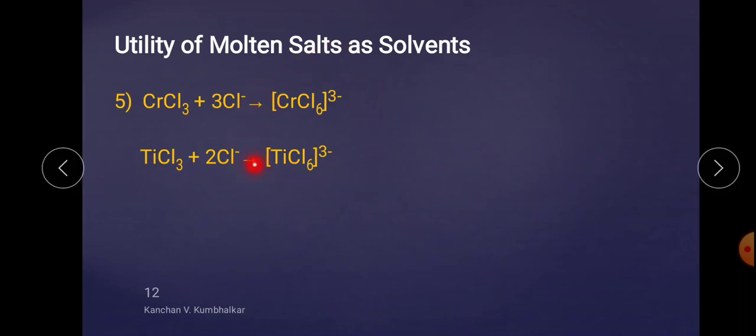Means the targeted product does not remain constant. Hence, by using a molten chloride salt as a solvent rather than an aqueous solvent, the complex formed is stable and does not get further hydrolyzed, because no water molecule exists here.